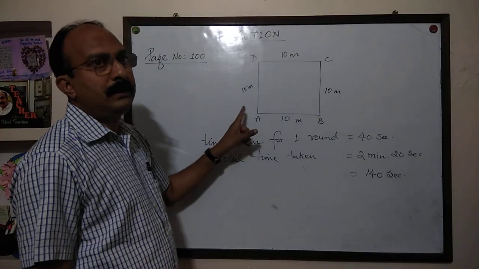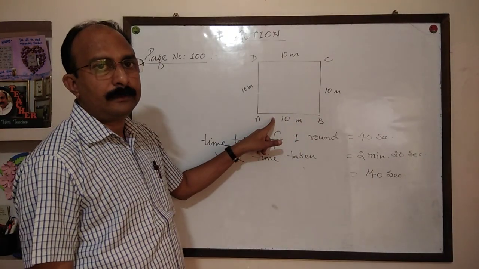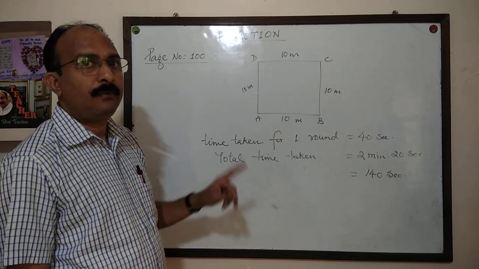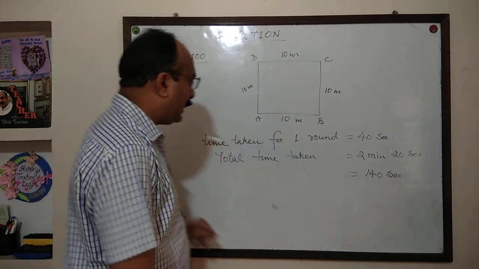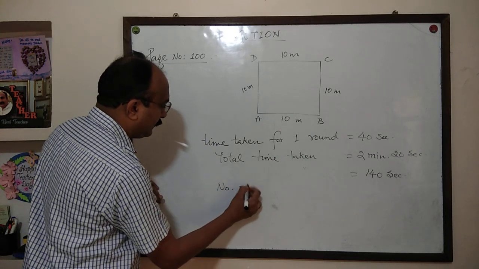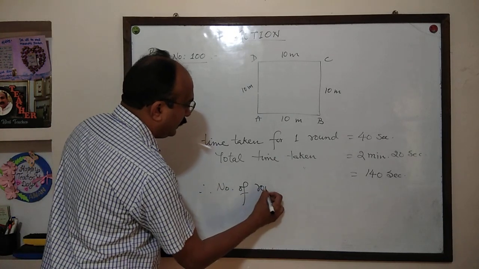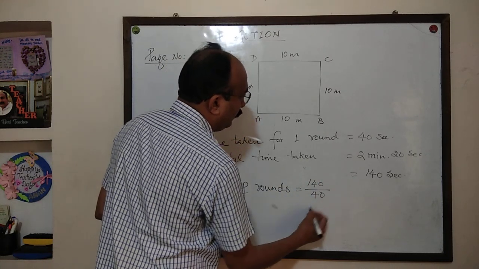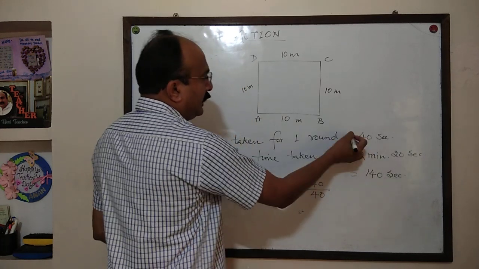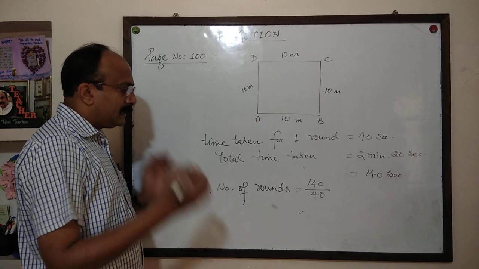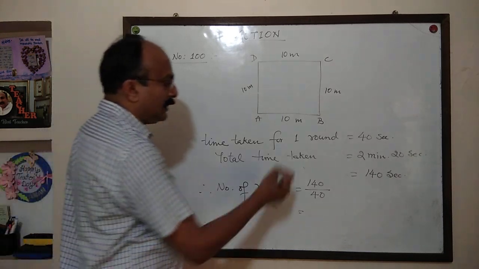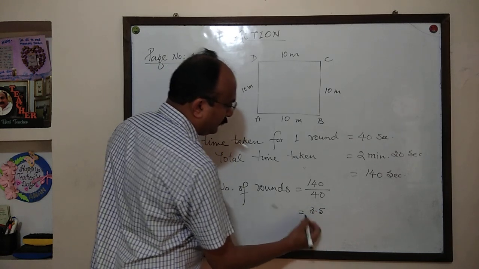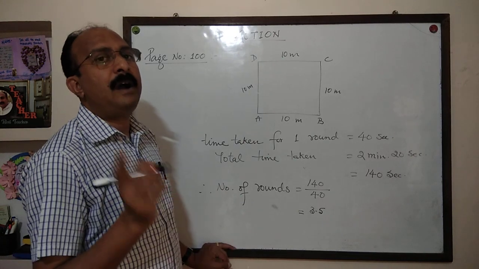Time taken to complete one round is 40 seconds. So 3 rounds is 120 seconds. Therefore, the number of rounds completed by the farmer is 140 upon 40, which is 3.5.